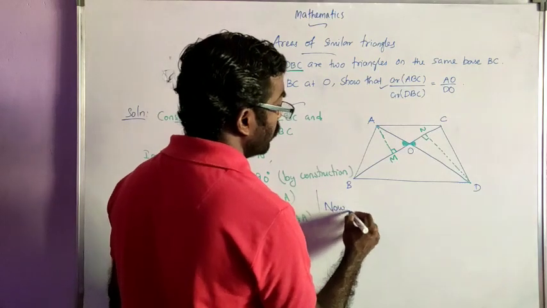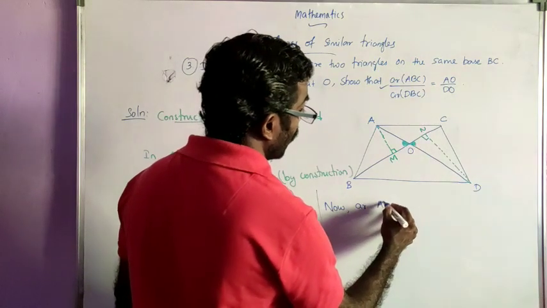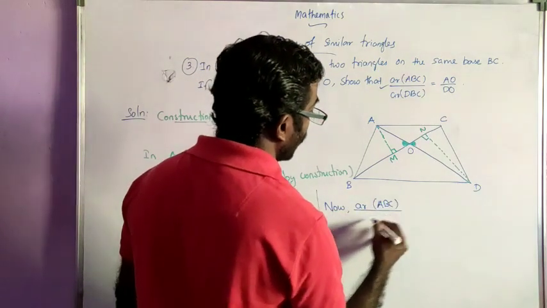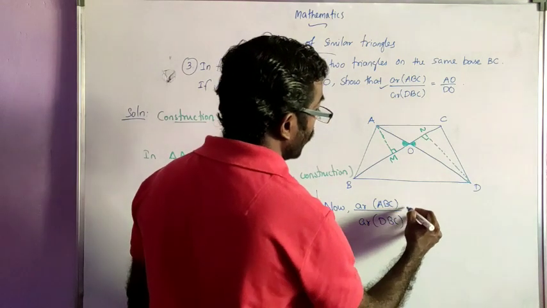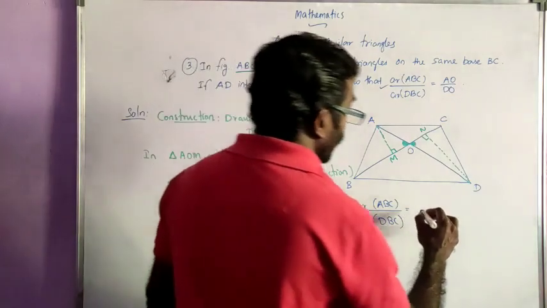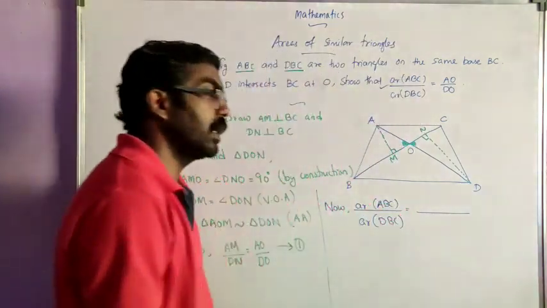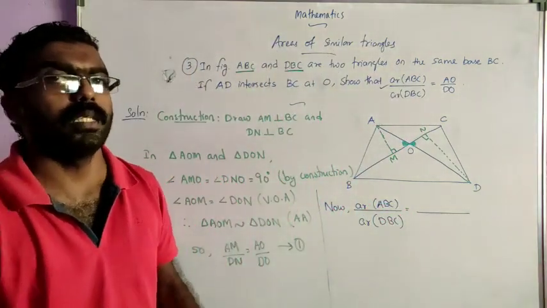Area of triangle ABC divided by area of triangle DBC. Area of a triangle, we know the formula half into base into height.